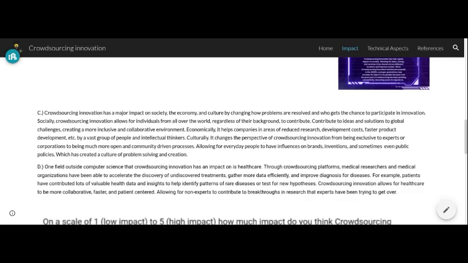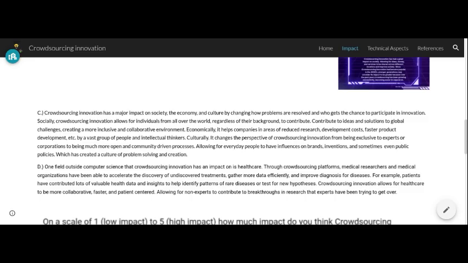Impact on society, economy, and culture: socially, individuals from around the world, no matter their background, can help with your crowdsourcing and give you their ideas. Economically, it helps reduce research and development costs and speeds up production development.